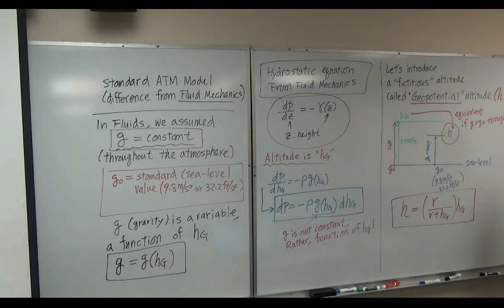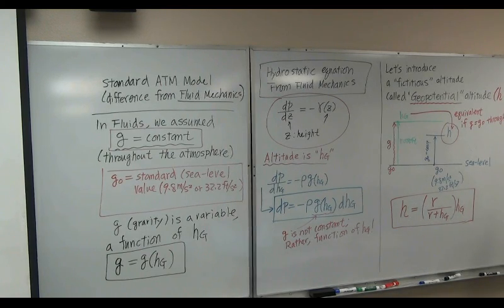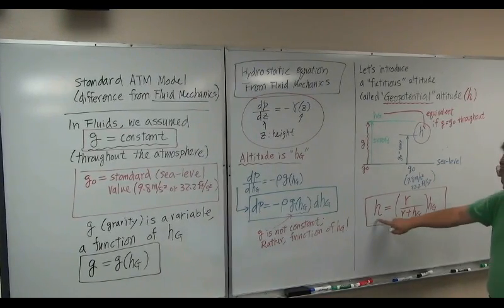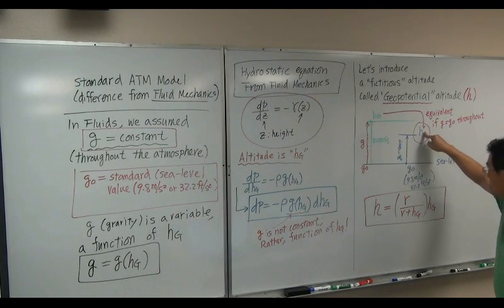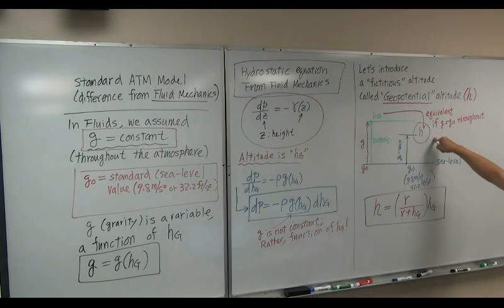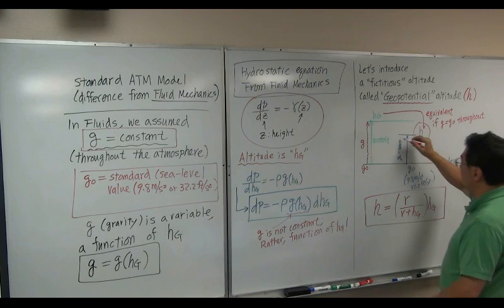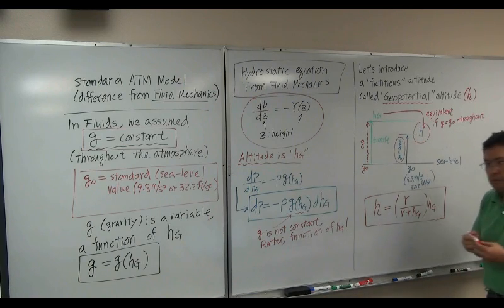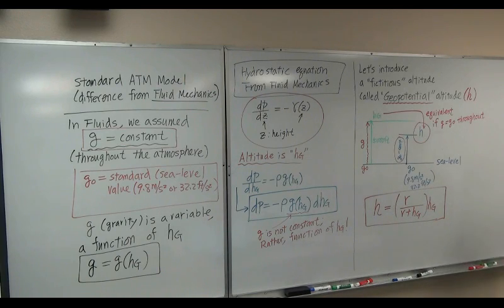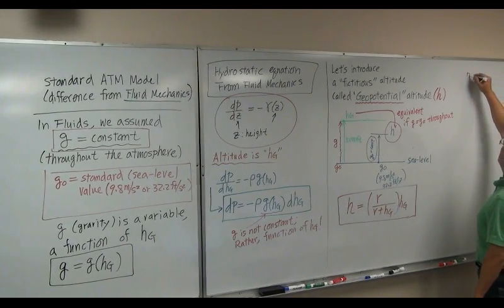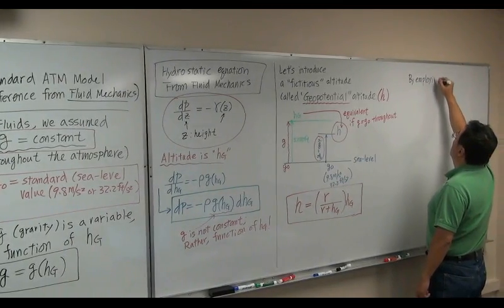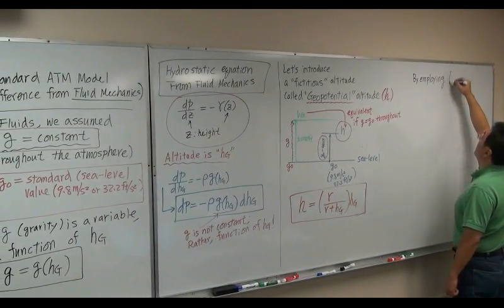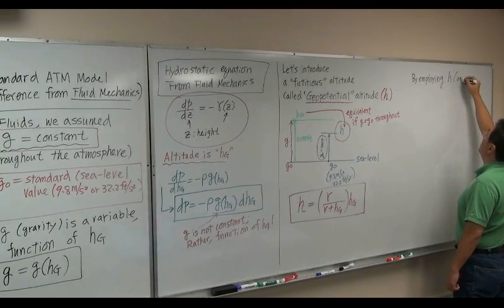Anyway, the great news is that as long as you use this h, geopotential altitude, you can assume gravity is constant. Oh, that's good. It is such a convenient thing, employing h instead of hg.